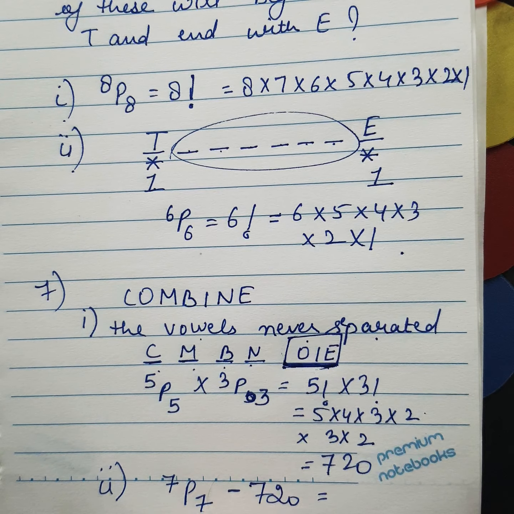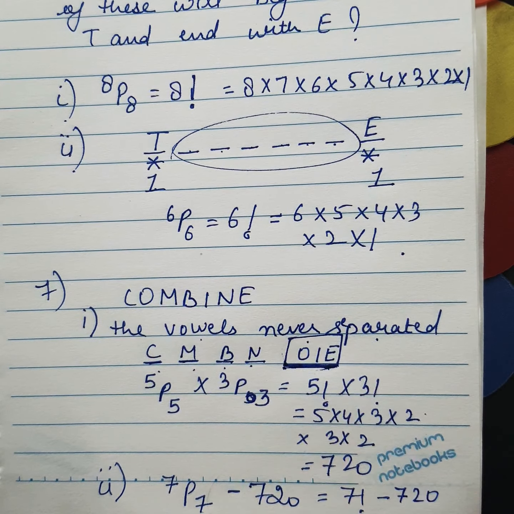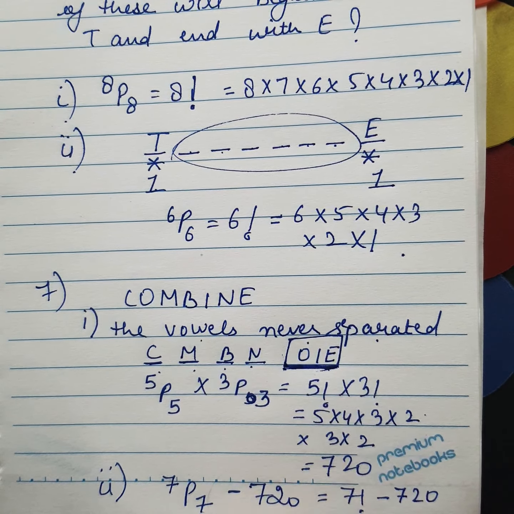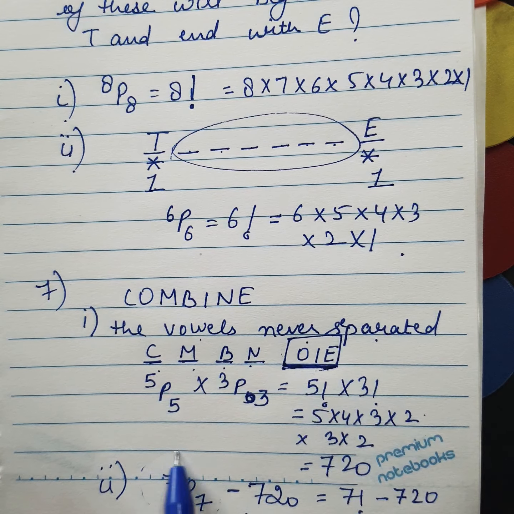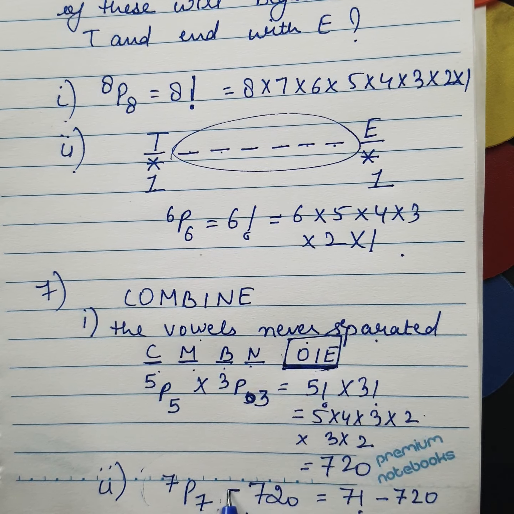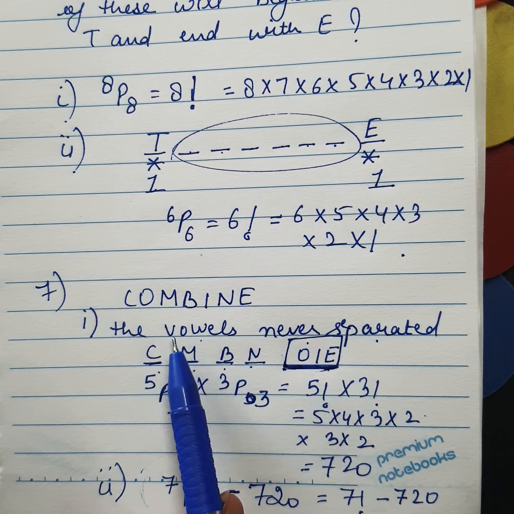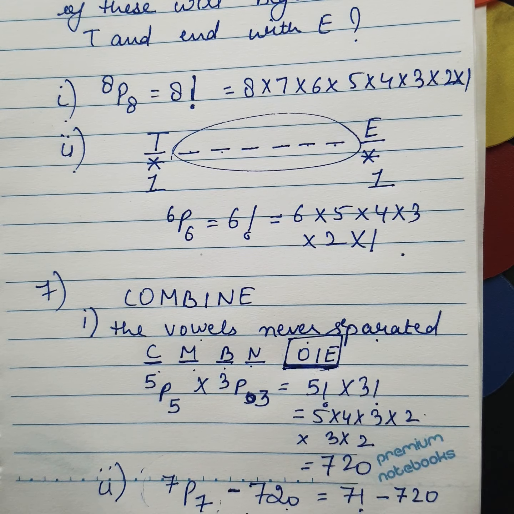So I will find 7 factorial and subtract 720 from it. Total arrangements minus the arrangements where the vowels are never separated will give you the arrangements where the vowels are never together.